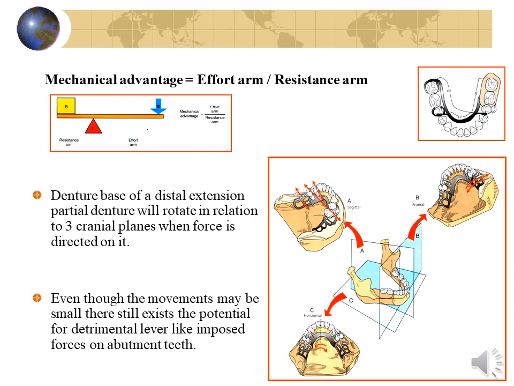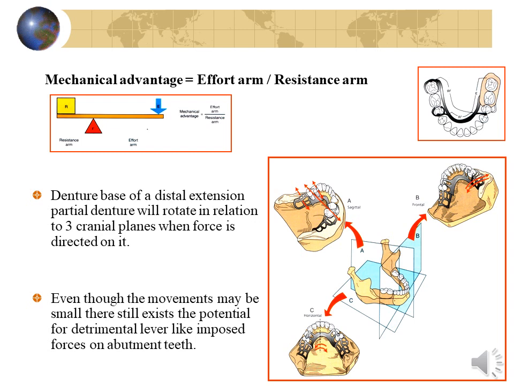Second, rotation can occur around the longitudinal axis formed by the crest of the residual ridges. Third, rotation can also occur around the vertical axis located near the center of the arch. This occurs due to differences in supporting characteristics of abutment teeth and soft tissue covering the residual ridge.